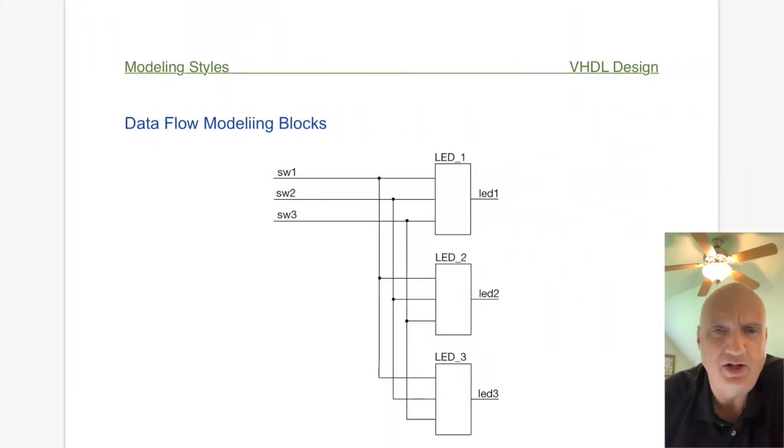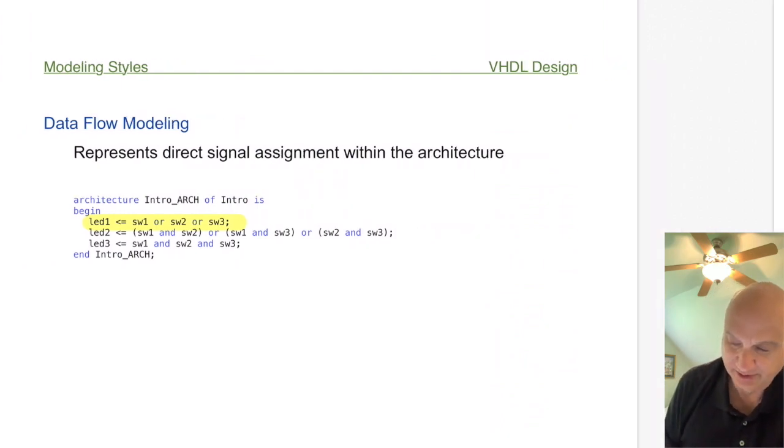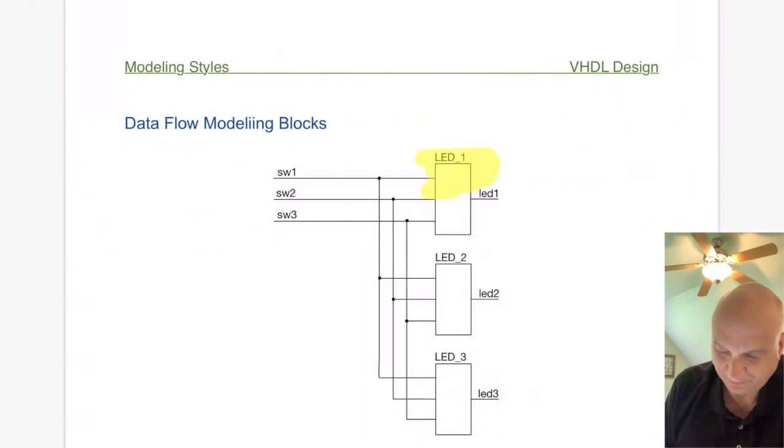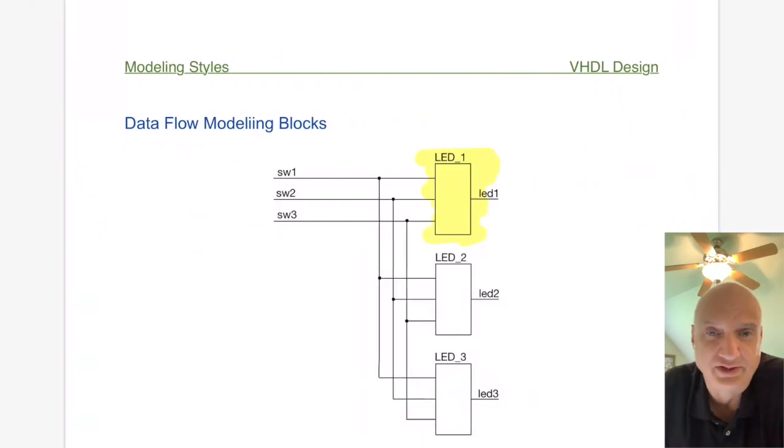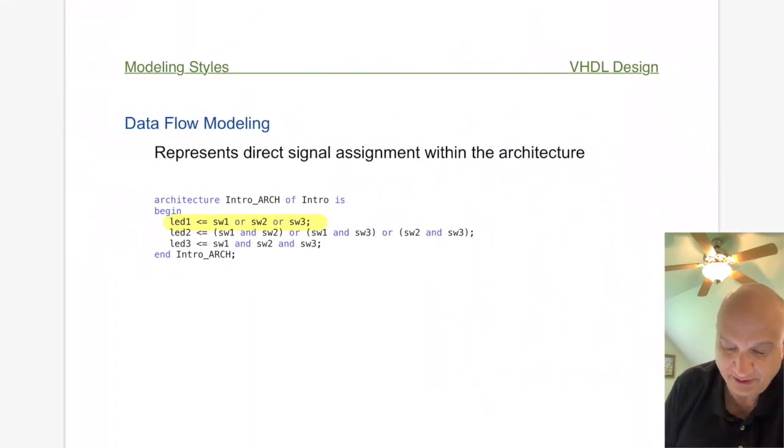This is a block diagram showing the implementation of a data flow statement in an architecture. Notice that each individual statement, let's take the one in yellow here with the LED 1, corresponds to a box. The box has an output, which is the signal being driven by the data flow statement, and inputs, which represent the signals being used to make the decision.